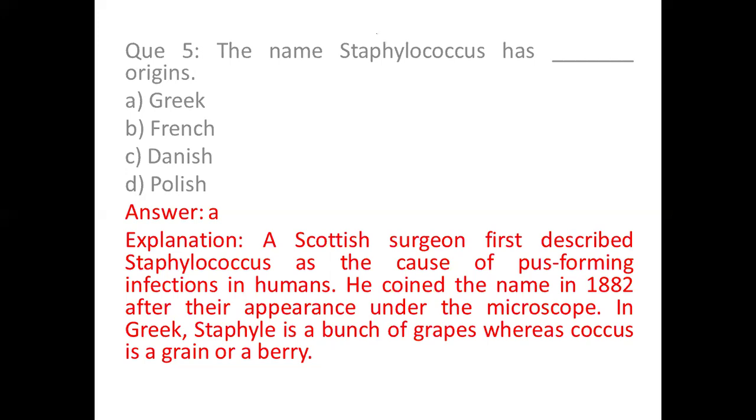So what happened over here is there was a Scottish surgeon who first described Staphylococcus as the cause of pus-forming infection in humans. So he coined this name in 1882 after their appearance under the microscope. In Greek, staphyle is a bunch of grapes, whereas coccus is a grain or berry.